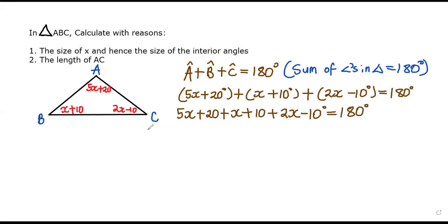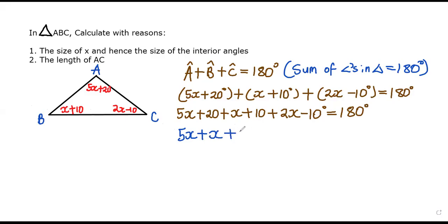So the next step, it's a matter of us pairing like terms. Like terms are terms which look alike or the terms which carry the same variable. So I'm just going to pair the terms that carry the same variable together, right? With that being said, this is going to be 5x. I'm going to write it with a blue color. Plus, we are pairing it with x.